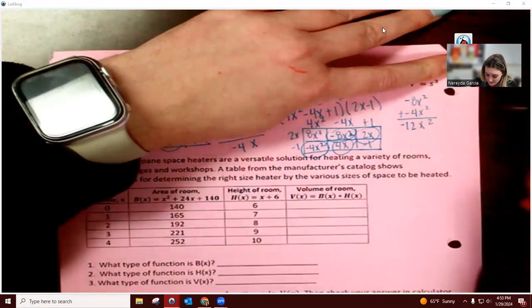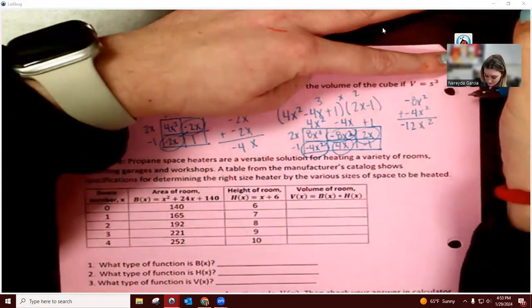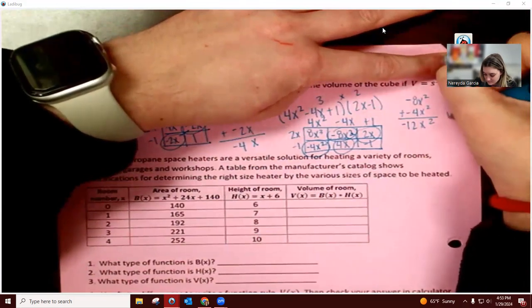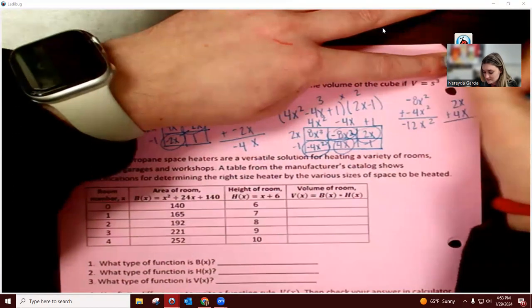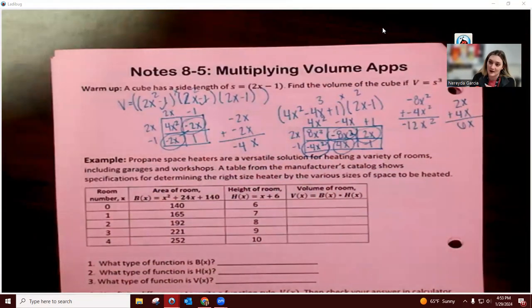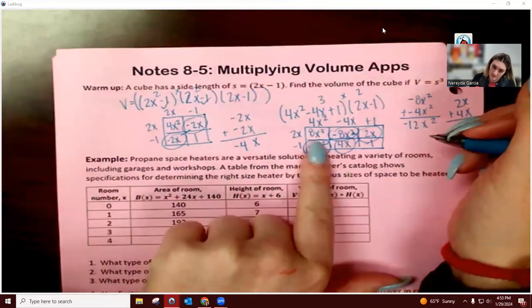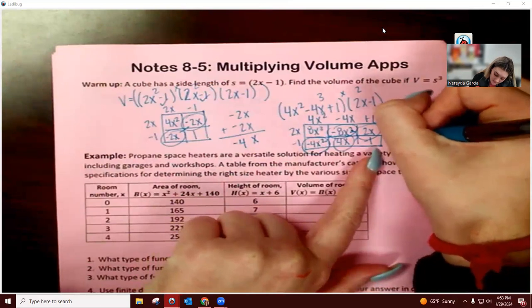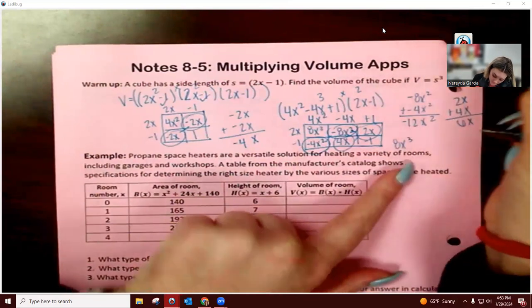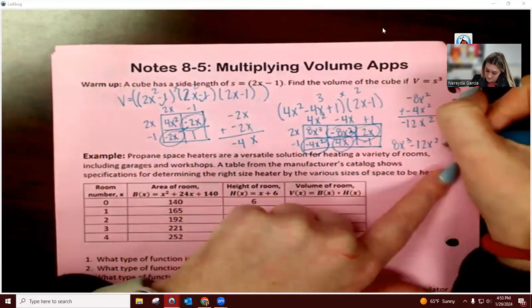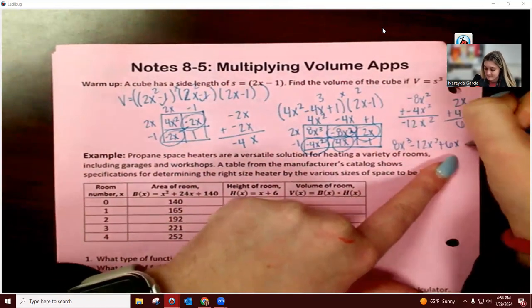And then my next one I have 2x plus 4x gets me 6x. Now I can write my equation with the highest term first, which would be in my upper left-hand box. So I have 8x cubed minus 12x squared plus 6x minus 1.